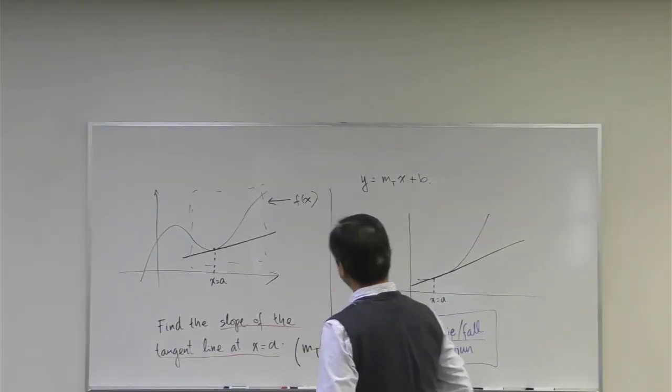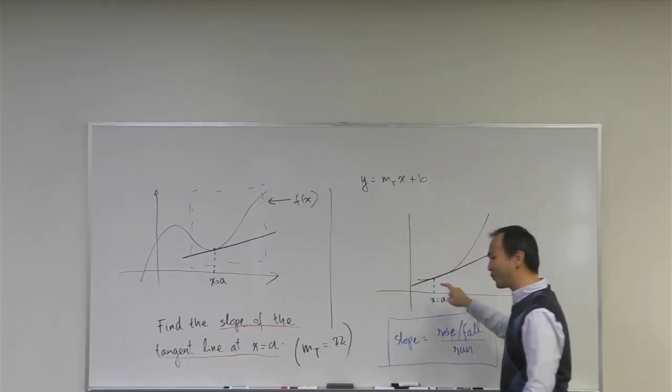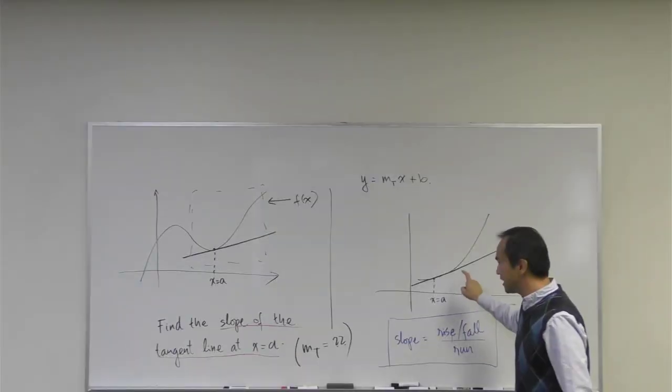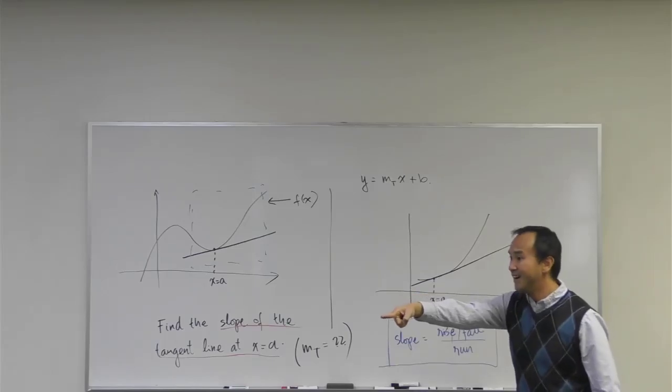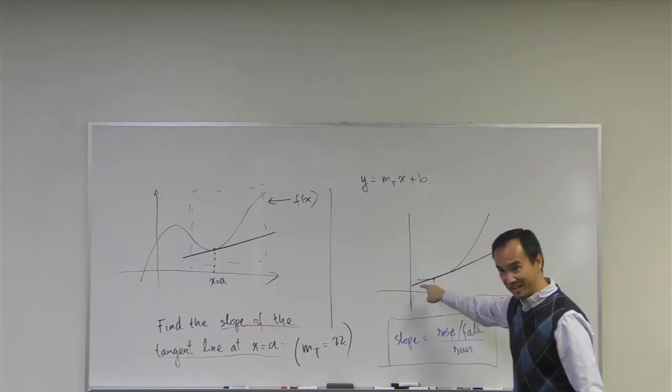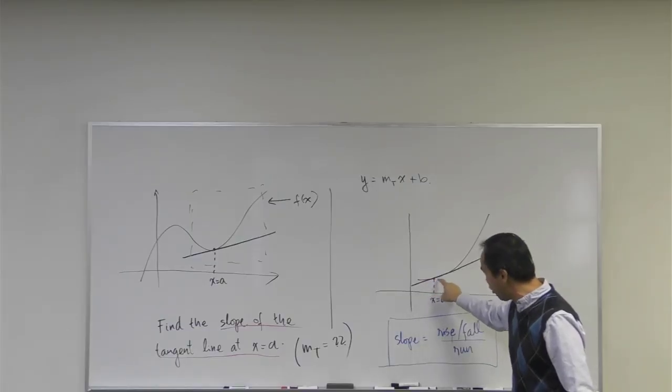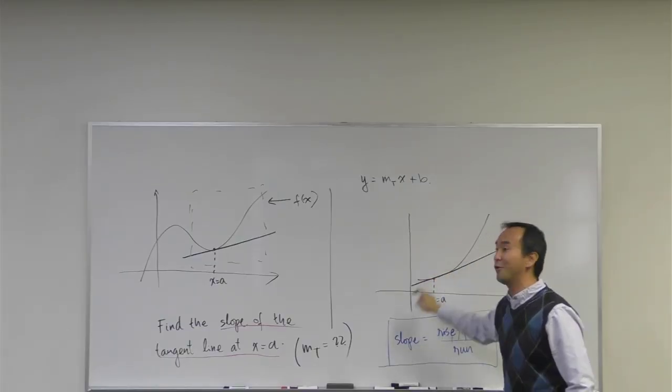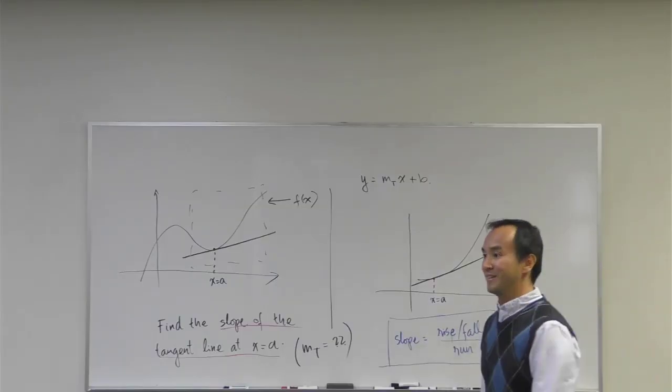Yes, we need 2 points, but the tangent only goes through the graph at 1 point. See what I'm saying?